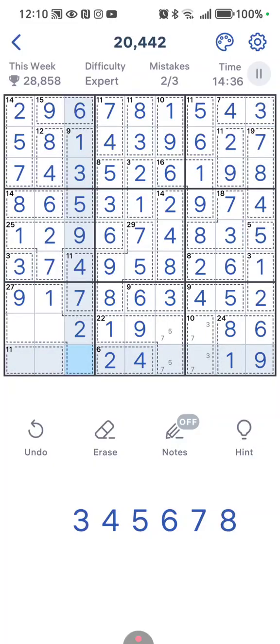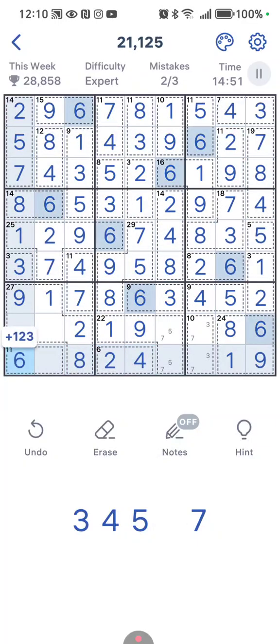It's going to go in here. So that means this is 5 and 6 because we've got 2, 9, 3 and 8, 4 and 7. That's a 6, that's a 5.